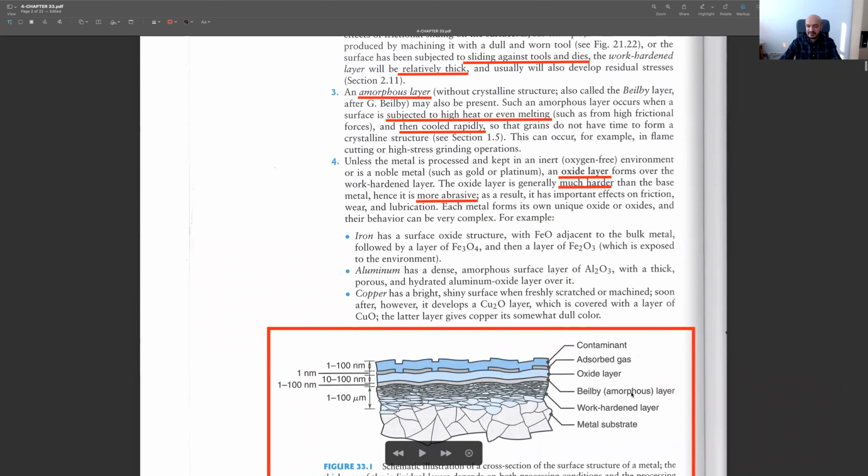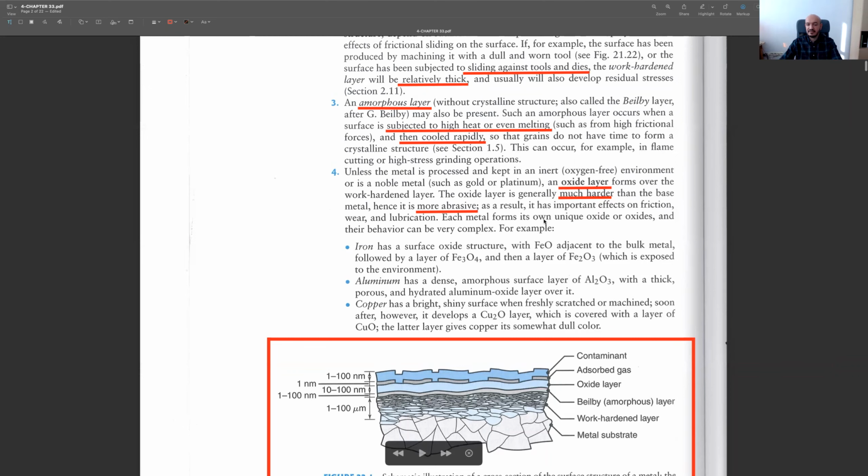Then on top of this amorphous layer, we have the oxide layer, and metals have different oxides depending on the type of metal you are working with. For instance, with iron, we will have iron oxide on top of the surface. If it's aluminum, then we will have aluminum oxide. For copper, we will have copper oxides.